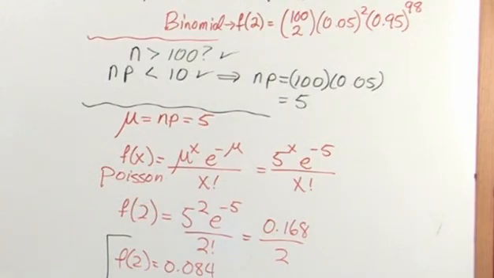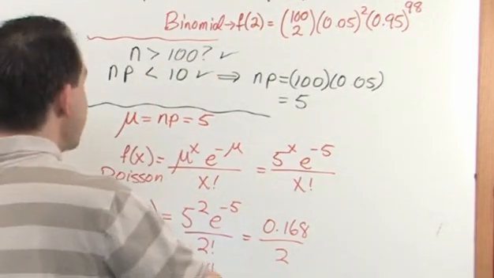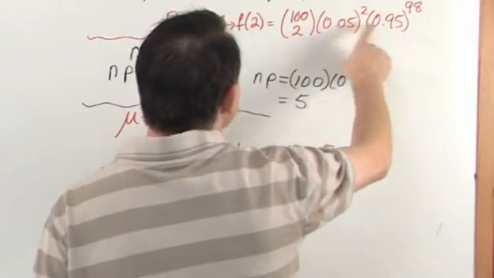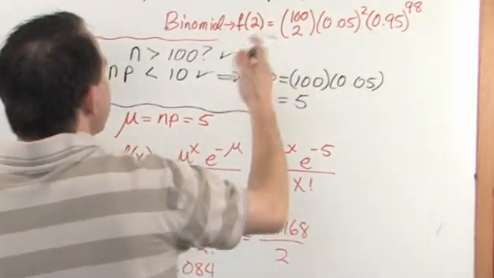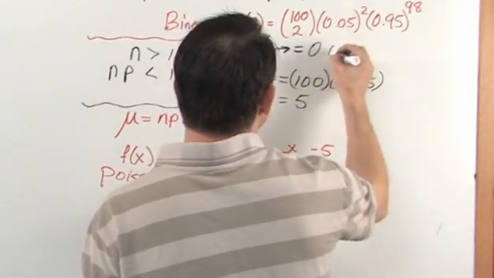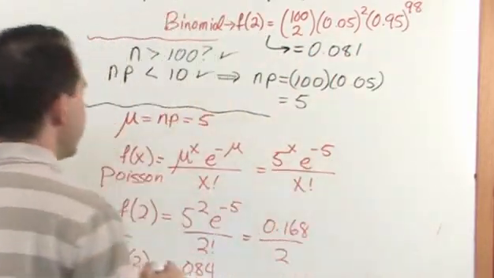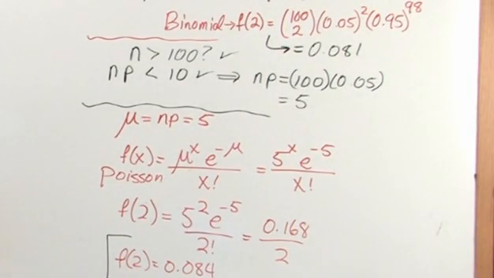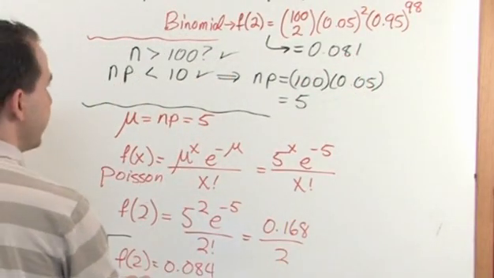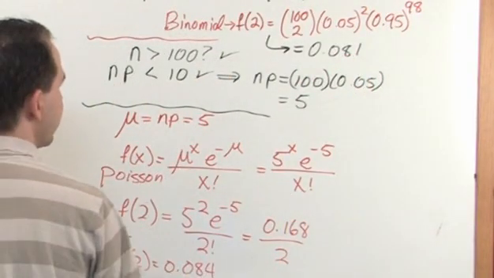Now, go back up with me to the binomial problem up here. If you actually did 100 combination with 2 times this, and do all the math here, this is actually going to come out to 0.081. So if we use the binomial function, which is the actual true answer to this kind of problem, we get 0.081. If we use the Poisson approximation for the same value, we get 0.084.